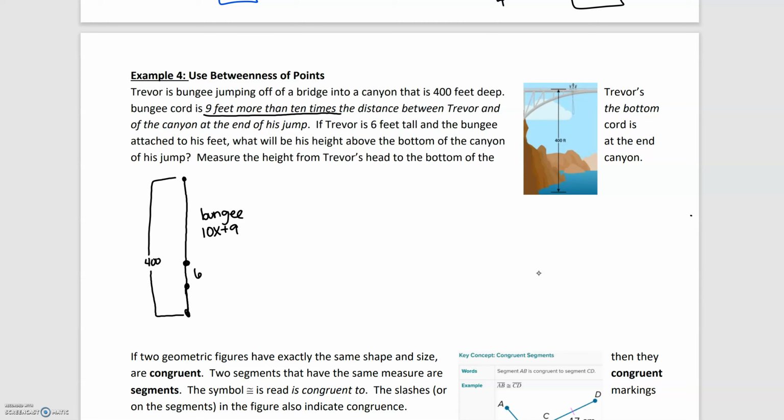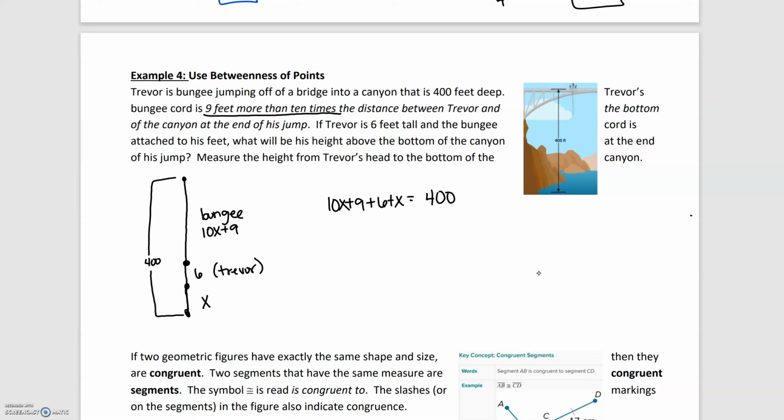We know Trevor is 6 feet tall, and then we don't know that distance between Trevor and the canyon, so we're going to put an x there for that last space from his head down to the canyon. But we do know the total is 400. So each of these 3 pieces here we're going to add together, and then we're going to set it equal to 400.